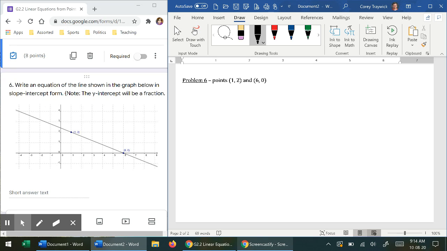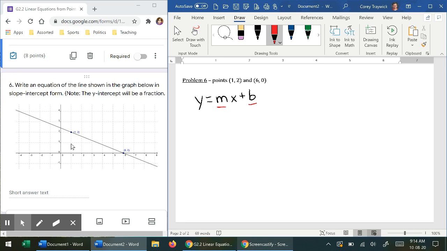Remember what we're trying to find in this equation, y equals mx plus b, are two things. We need to figure out the slope, which is m, and the y-intercept for the letter b. To do slope, we could do our little trick with stacking the points on top of each other, but an easier way would be to just look at the graph. Remember, slope is rise over run.